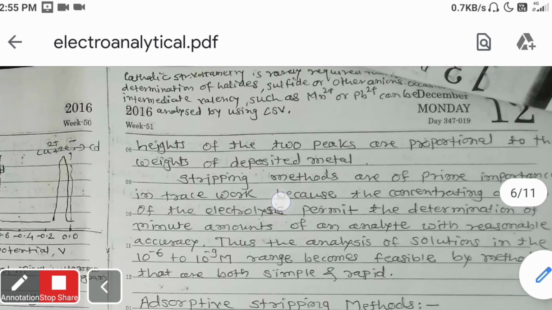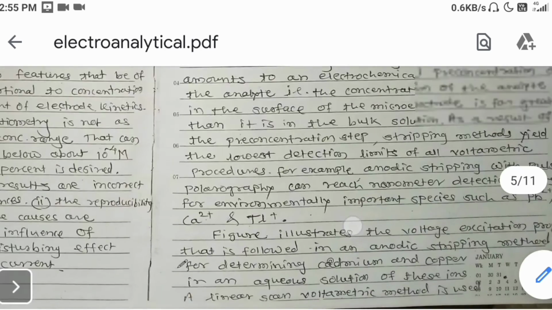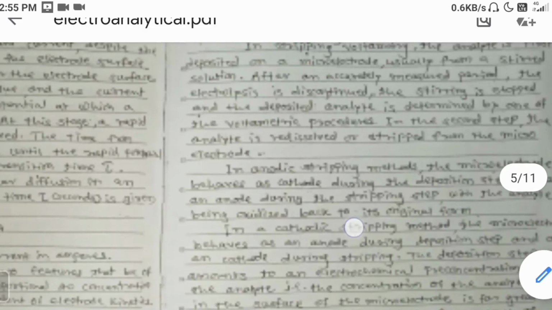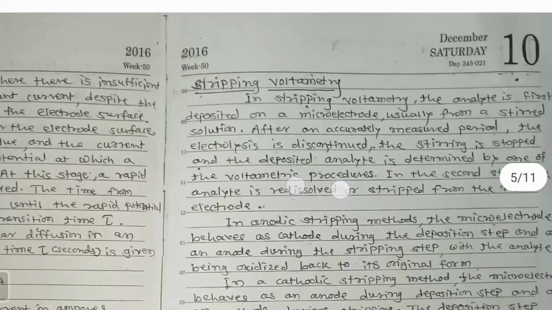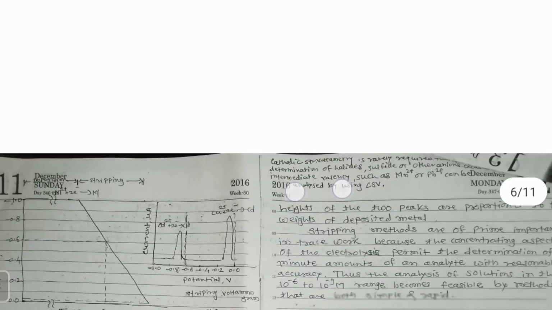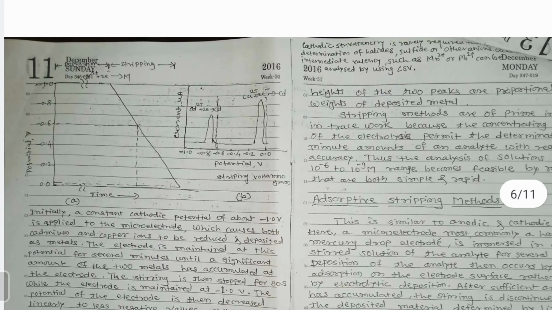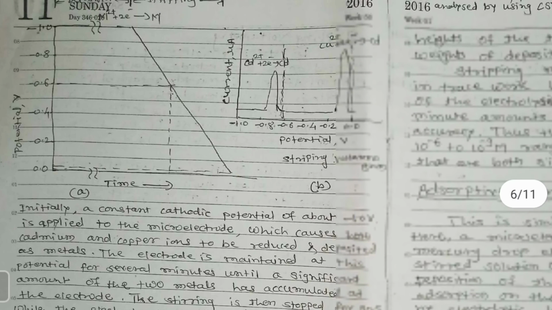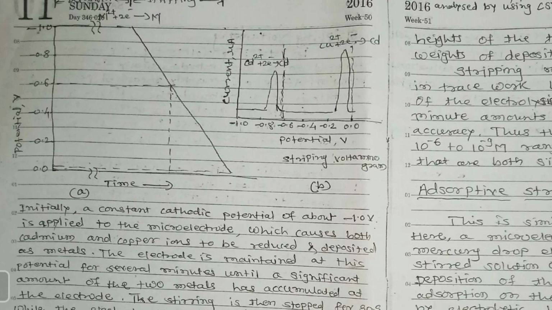So this method, stripping voltammetry, is useful for the analysis of cadmium and copper. We have seen the example. This stripping method uses both the pre-concentration step and, second, the stripping step.